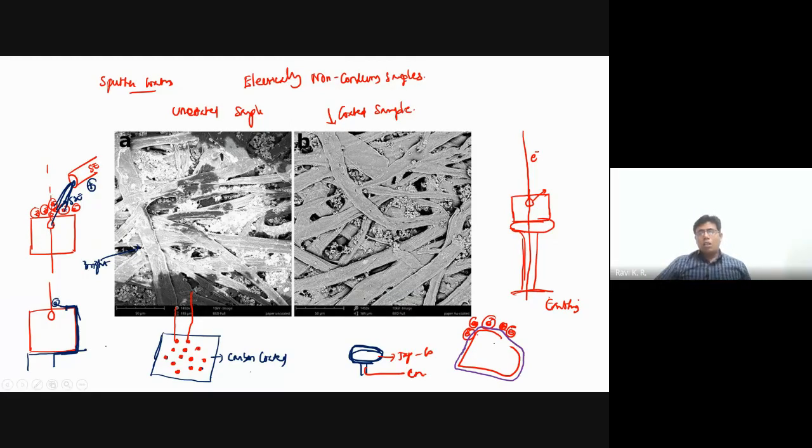Now the electrons will not accumulate because you are providing a path here. The tape is conducting, and now your sample has continuity. So the electron can go this way and complete the path.